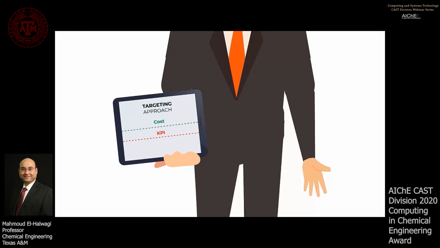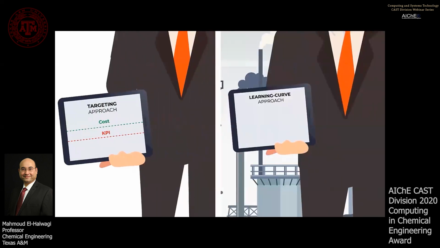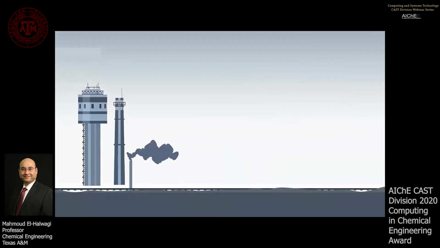This powerful approach of targeting has been a paradigm shift from the conventional learning curve approach, in which we have a number of key performance indicators or KPIs, and over the useful life period of the plant, we keep on having process improvement projects, which for the most part enhance those KPIs, but sometimes they improve certain KPIs while worsening others. And in all cases, we keep on spending money to carry out those projects.